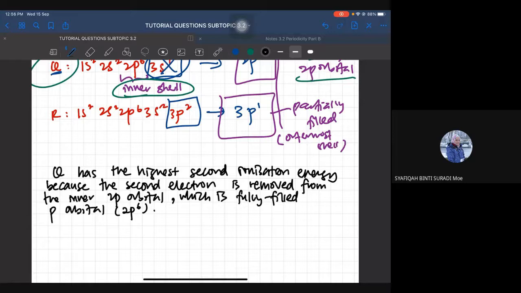Okay. So bagi tahu yang dia remove from the inner 2p orbital dan inner orbital 2p tu pun adalah fully filled p orbital iaitu 2p6.